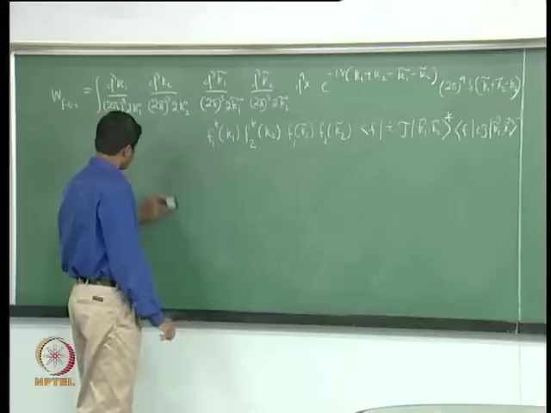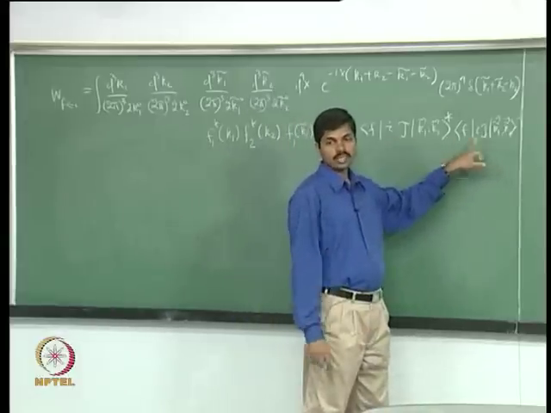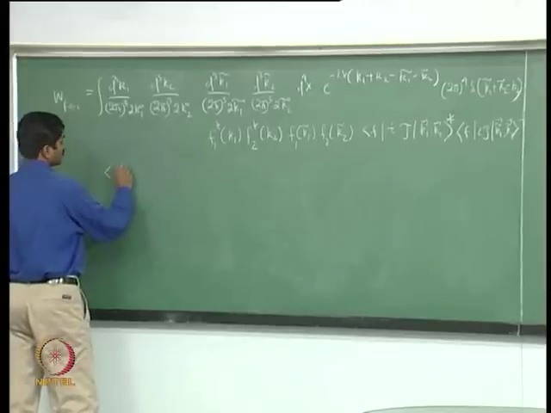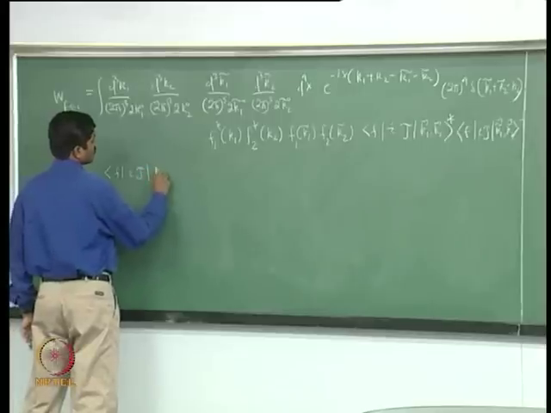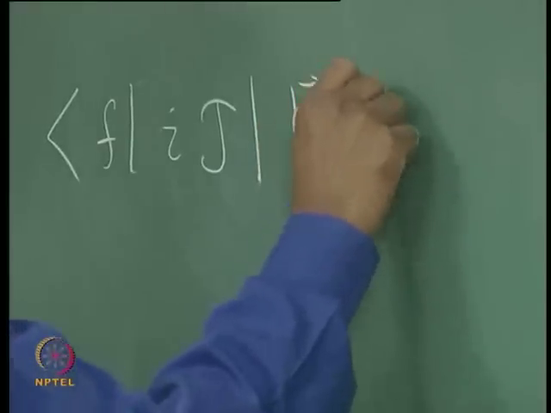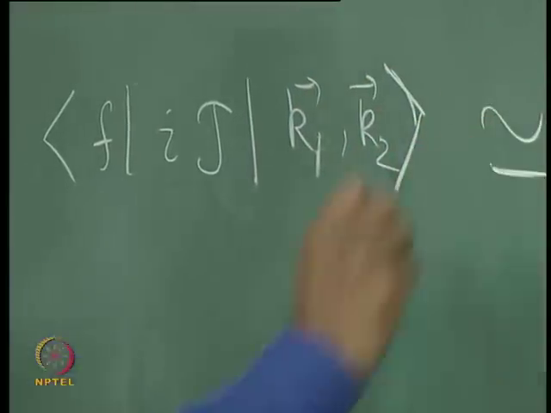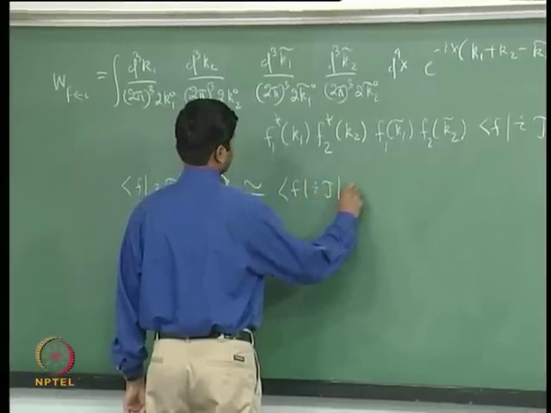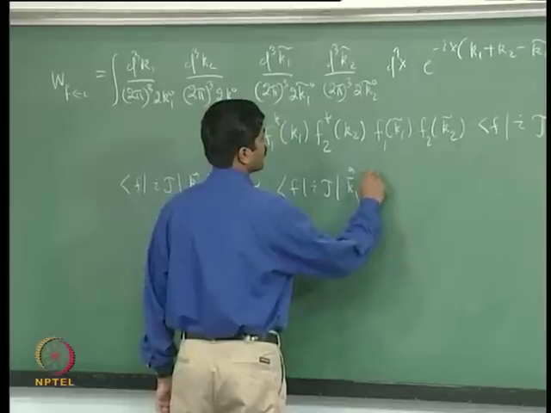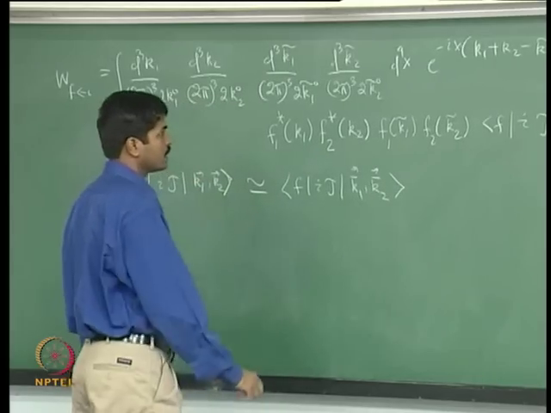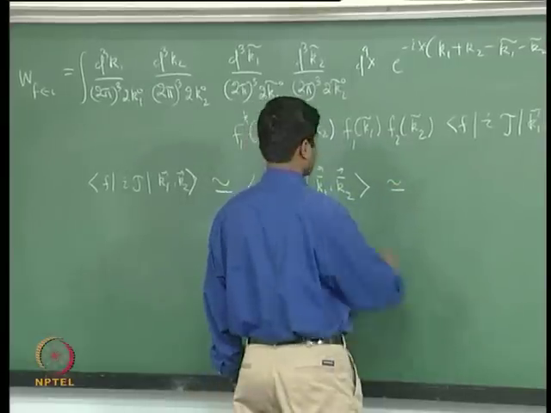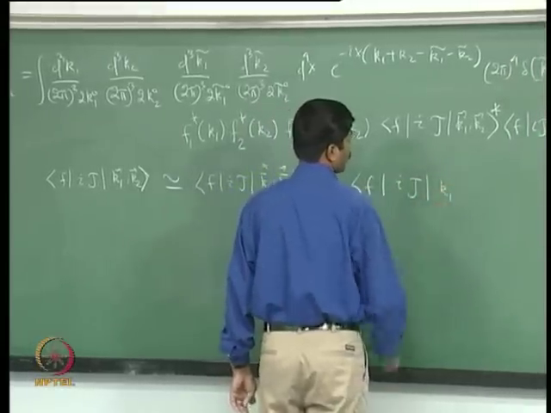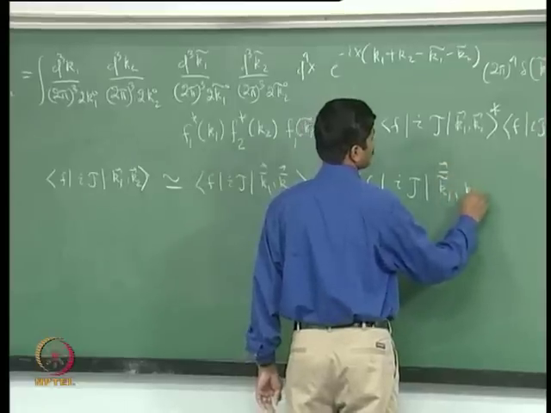Therefore, I will assume that these amplitudes are nearly equal to f_i t(k1 bar, k2 bar), and also this is fairly close to f_i t(k1 tilde bar, k2 tilde bar).